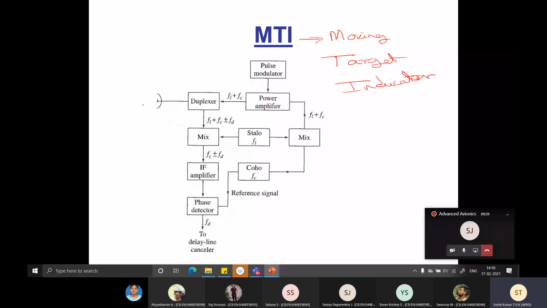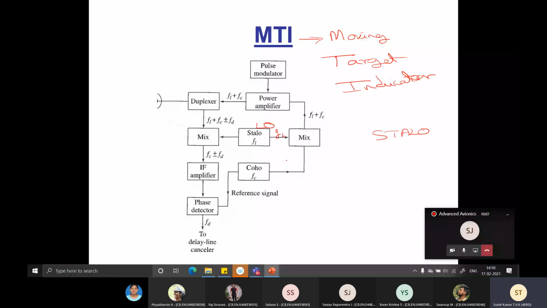So let's start with the transmitter side. Let's say there is a local oscillator, called the stable local oscillator, STALO. It's similar to what you have seen in your electronic communication module. It's a basic transmitter. This STALO is giving a frequency, let us say FL.